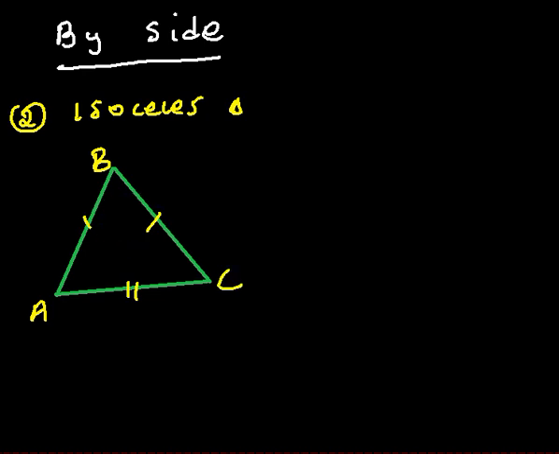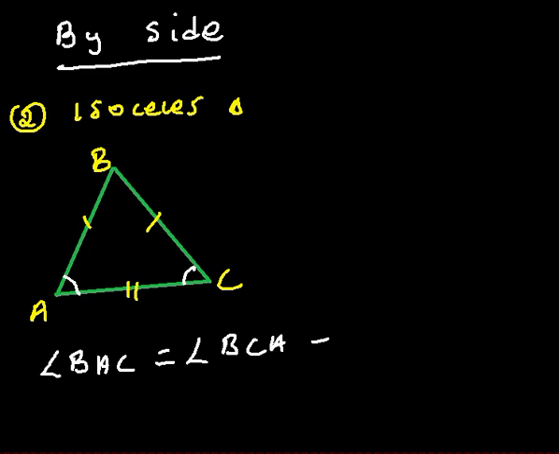And since the 2 sides are the same, the base angles formed by those 2 sides are the same. So this angle is the same as this angle. Take note of that. It means the angle BAC is the same as the angle BCA. Thus, the base angles of an isosceles triangle are the same.